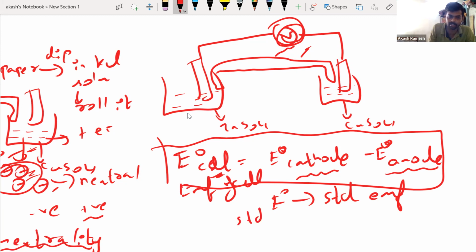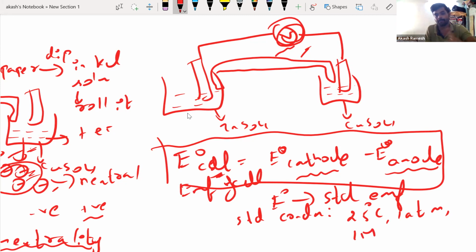The standard conditions are 25 degrees Celsius, 1 atmospheric pressure, and the concentrations of all the electrolytes, whether zinc sulfate, copper sulfate, or any electrolyte, should be 1 molar. The molarity should be 1.